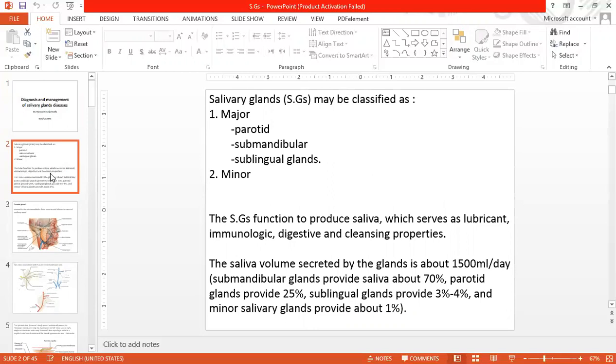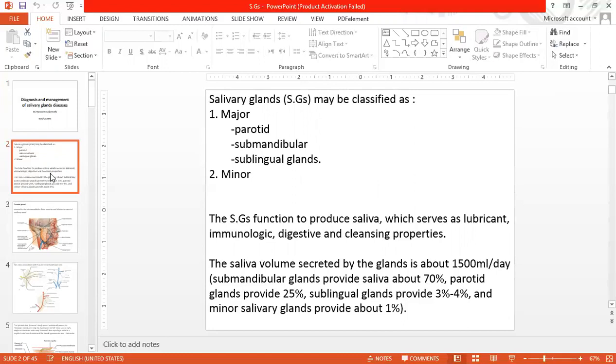The major ones are the parotid, submandibular, and sublingual glands, while the minor salivary glands are present in different parts of the oral cavity, like the lower lip, floor of the mouth, buccal mucosa, part of the oropharynx and the soft palate. The function of the salivary glands is to act as a lubricant, with digestive, immunologic, and cleansing properties.